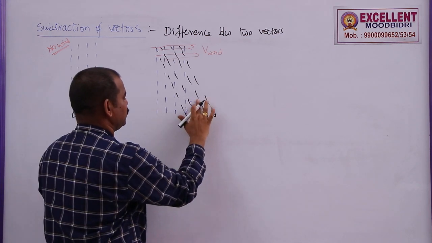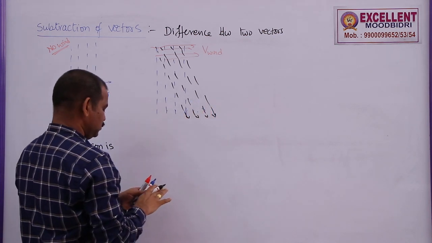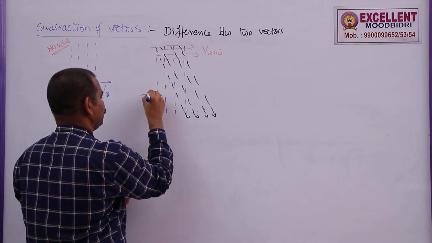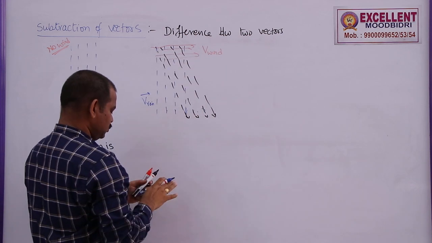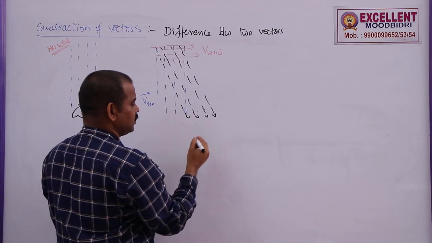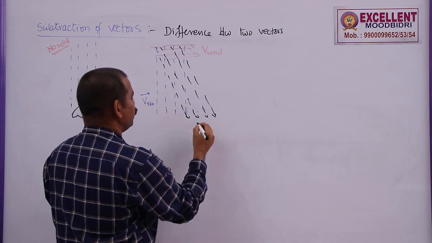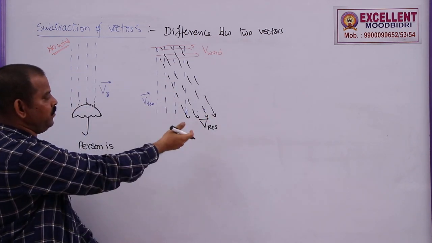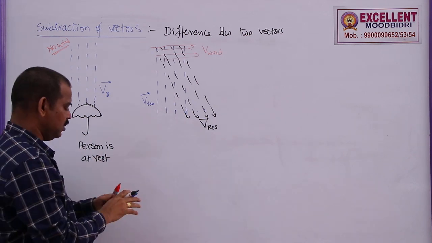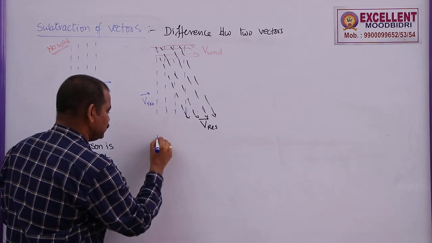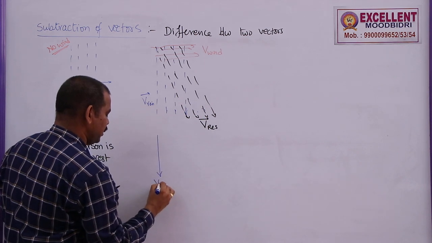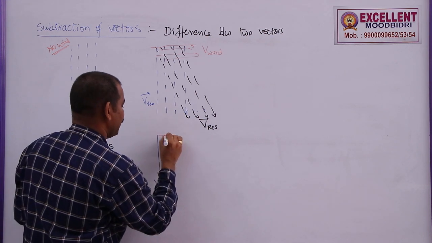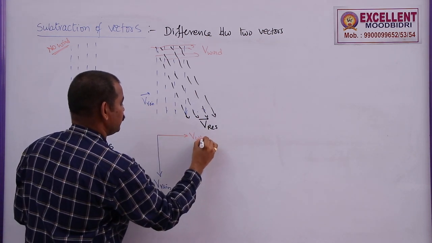So this is the actual direction of the rainfall, V rain. This is wind. This black one is the resultant direction of the rain due to wind. This is V resultant. So how to find this V resultant? We can write this as the velocity of rain and the velocity of the wind.